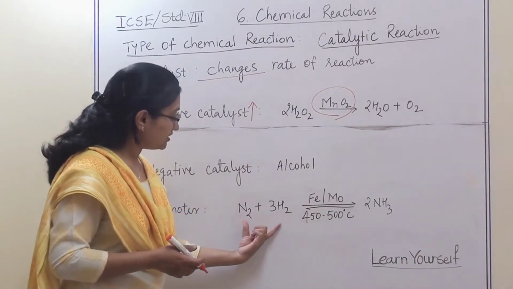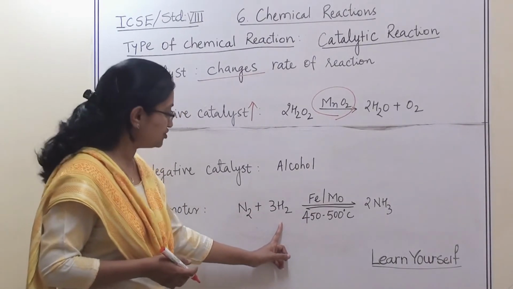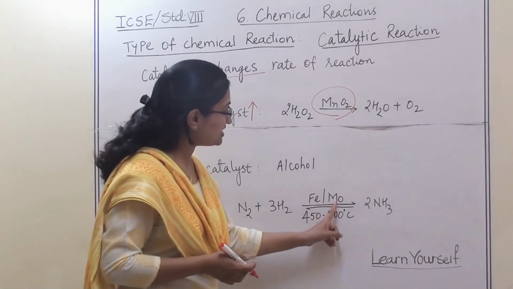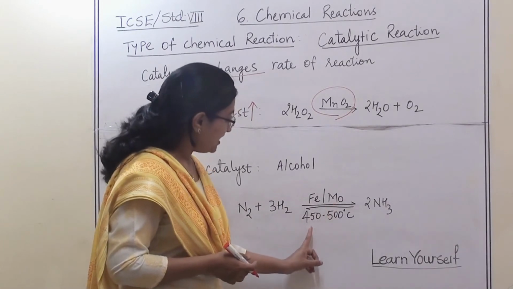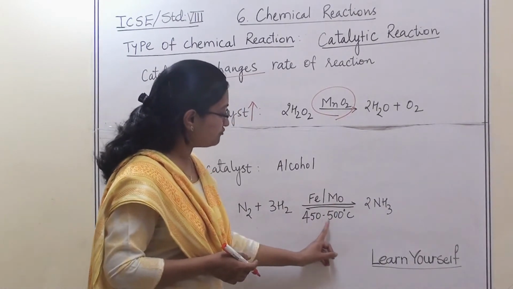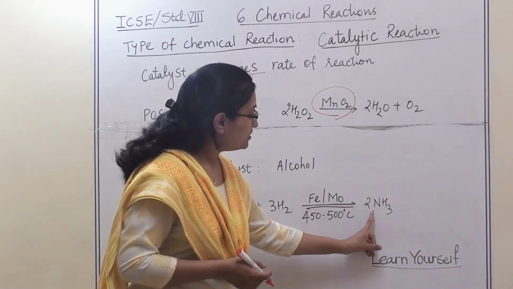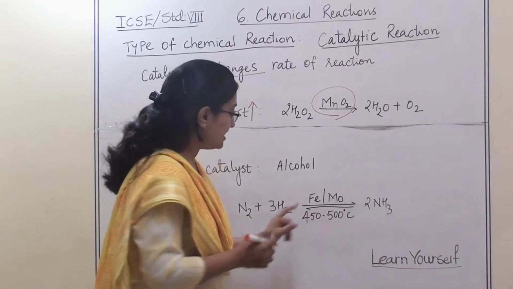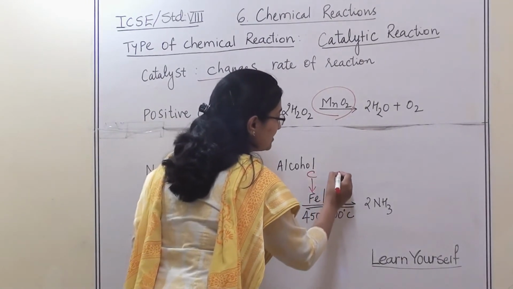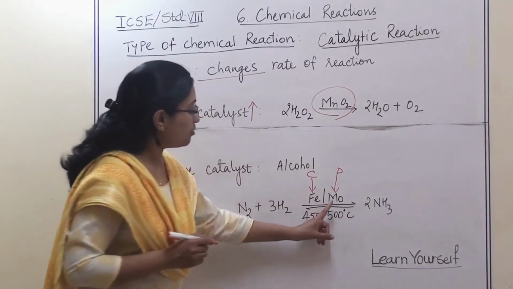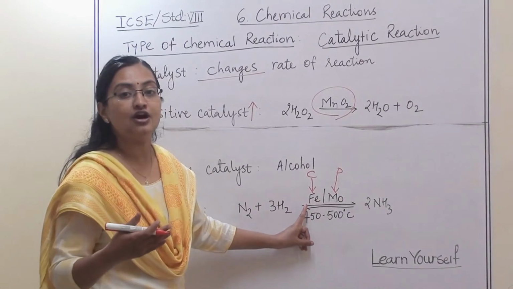Take this example: nitrogen will react with hydrogen. We use iron plus molybdenum, Fe or Mo, at a temperature of 450 to 500 degrees Celsius. We will get 2 molecules of ammonia. Here Fe is the catalyst and molybdenum is the promoter. So molybdenum will help iron to increase the rate of reaction.